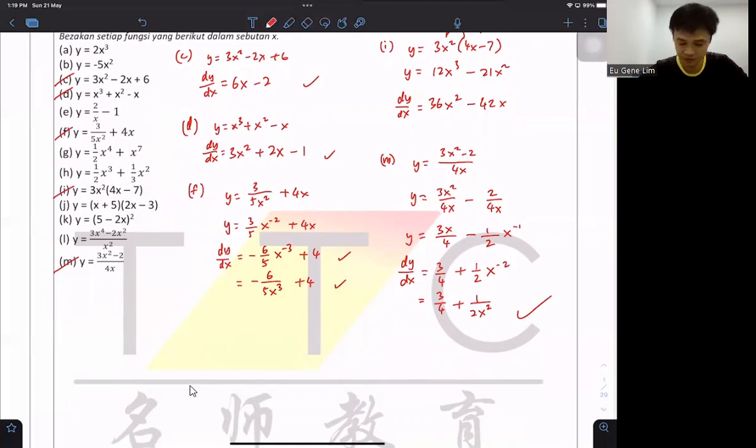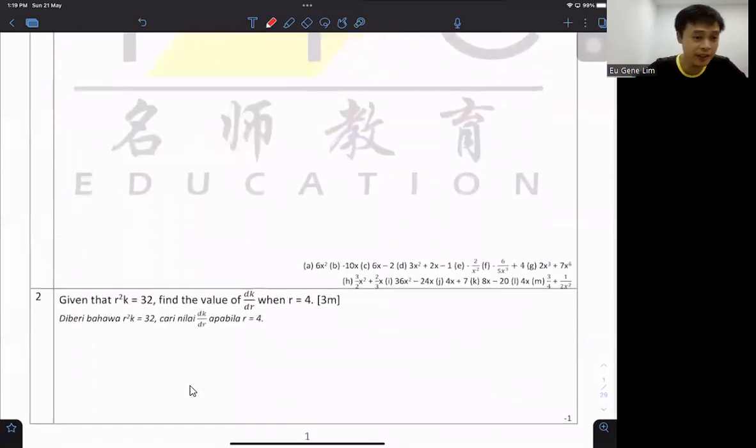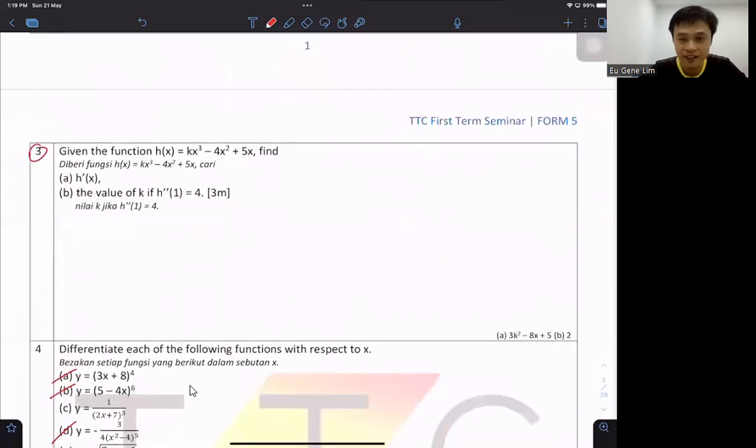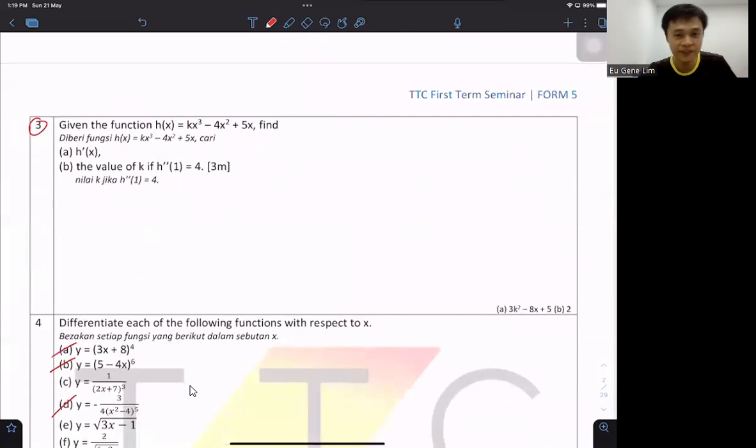Okay, let's look at the next one. Okay, now let's go to question number 3. Given the function h(x), so now you see the question gives you h(x), right?